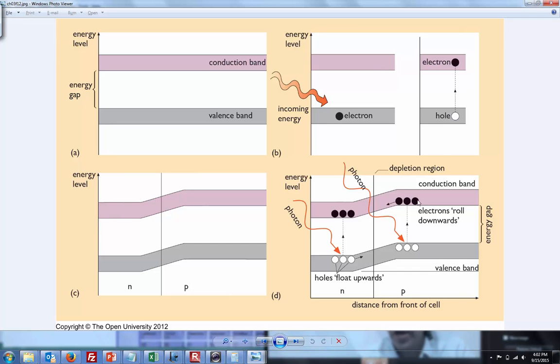And then once it's there, one way of looking at it is the electron rolling back down into a lower energy band. The holes are sort of floating upwards, and then they recombine, and everything restabilizes.